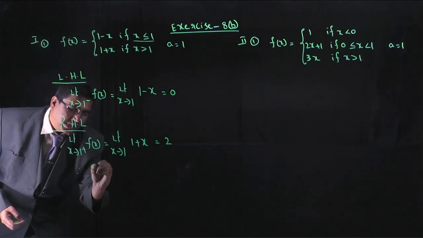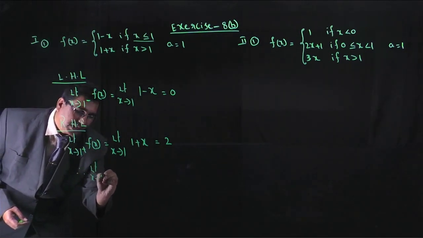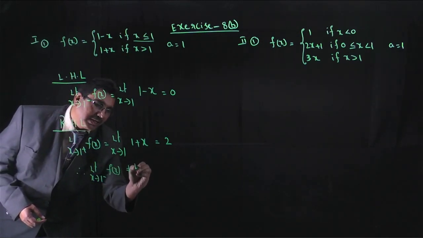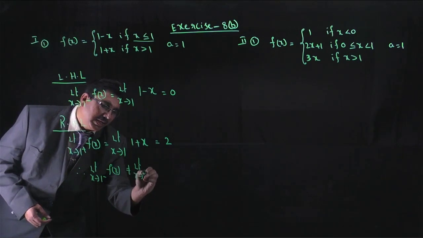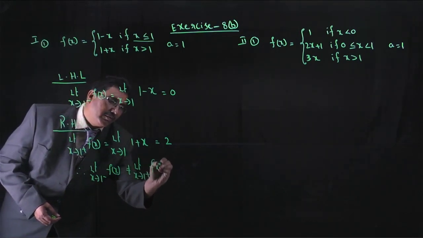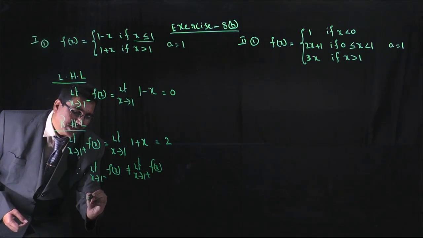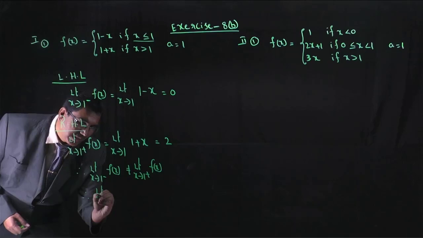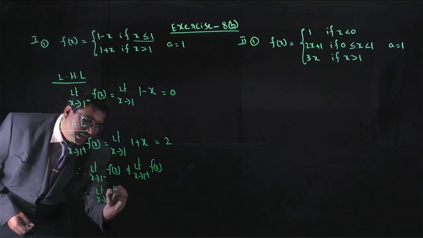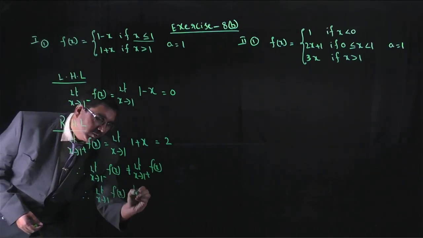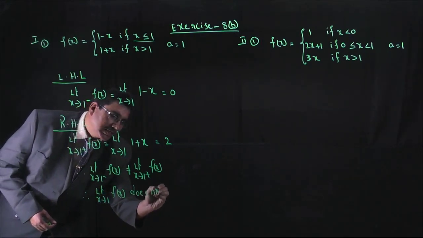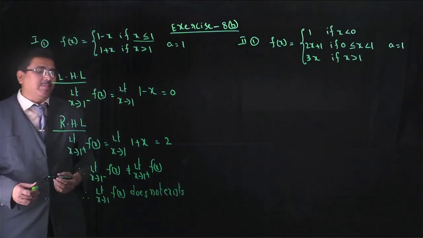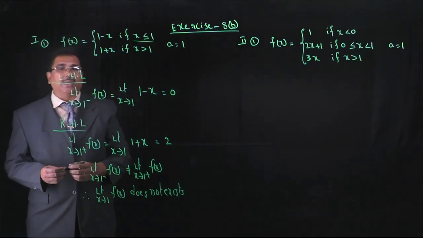Therefore, limit x tending to 1 minus f of x is not equal to limit x tending to 1 plus f of x. Therefore, limit x tending to 1 of f of x does not exist, since left hand limit is not equal to right hand limit.